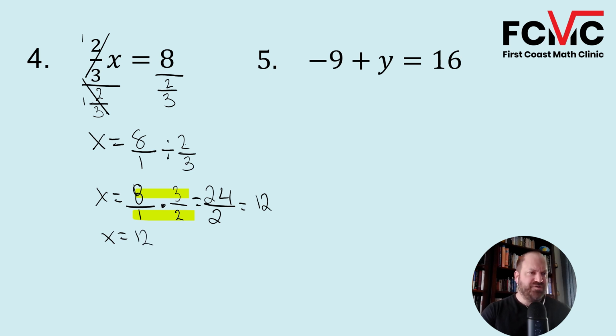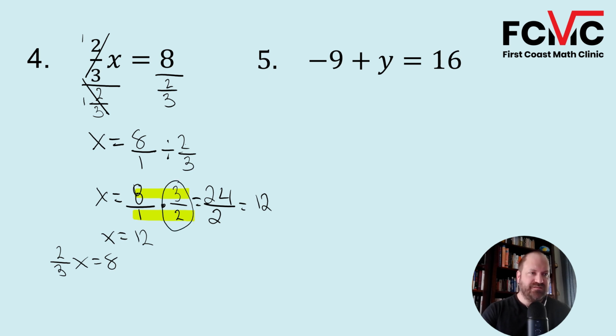Now, I'm going to show you a different way to do this. So let me squeeze it in down here. So 2/3 x equals 8. Instead of dividing by 2/3, another thing I could do, we know we're taking the reciprocal at this point.